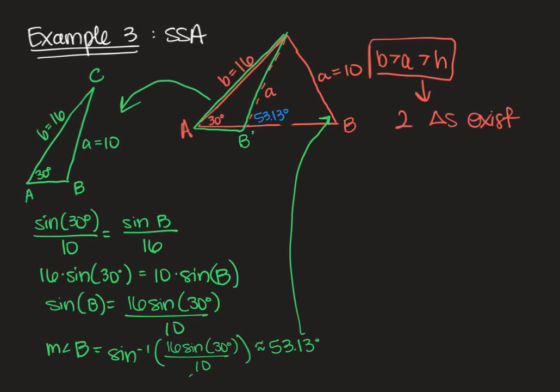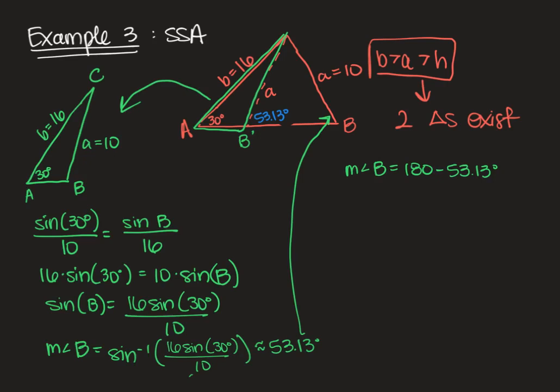So the measurement of B prime is 180 degrees minus 53.13 degrees. We know that these two angles are supplementary, they're forming a straight line. And so if this angle is 53.13, then this angle would be 180 minus that angle.